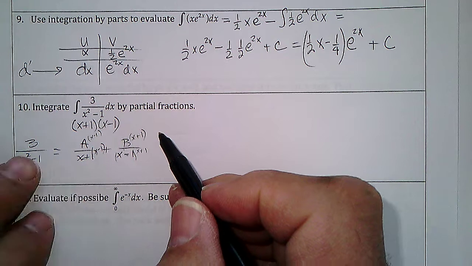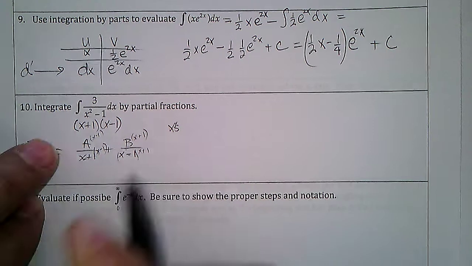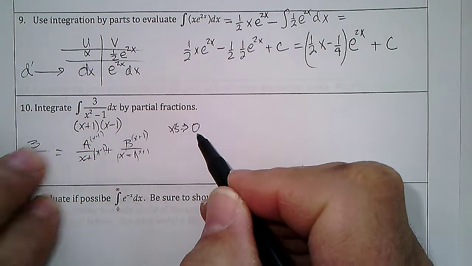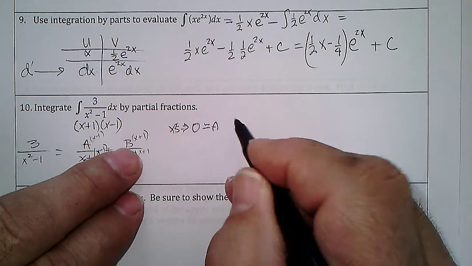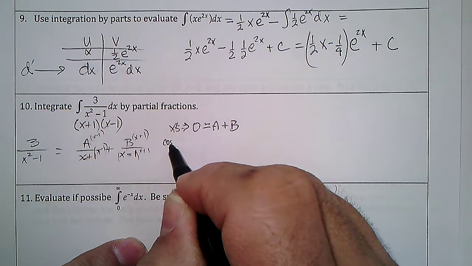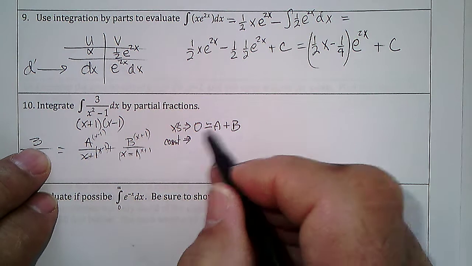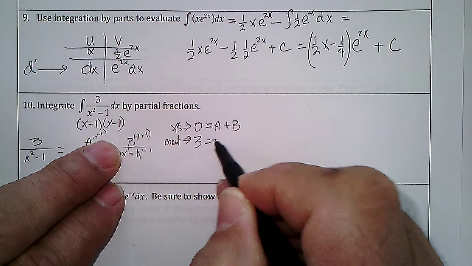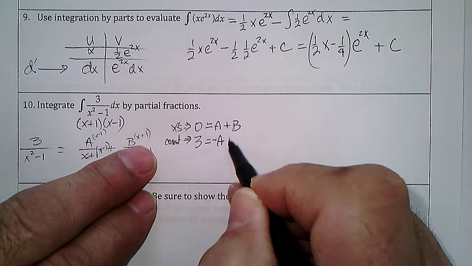So if I look at just the x's, there's no x's over here. And over here I have a of them, and here I have b of them. Then if I look at the constants, I have 3 here, and here I have minus a, and here I have plus b.